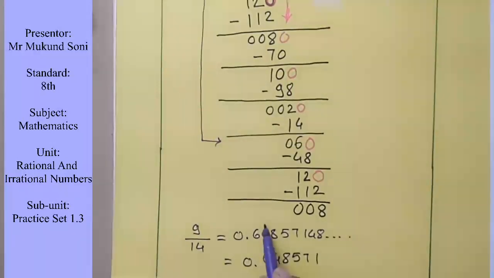Now do you see this 4 is getting repeated, correct? So I will draw a line from 4 till the 1, because after that I will get the 4 again. So this set of digits is a recurring set.